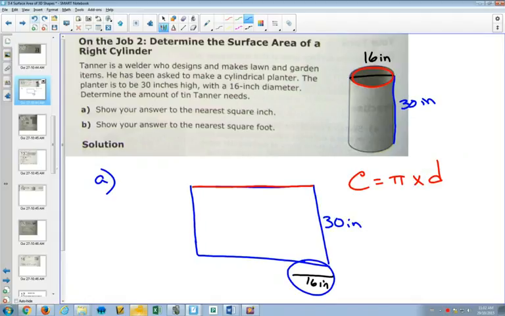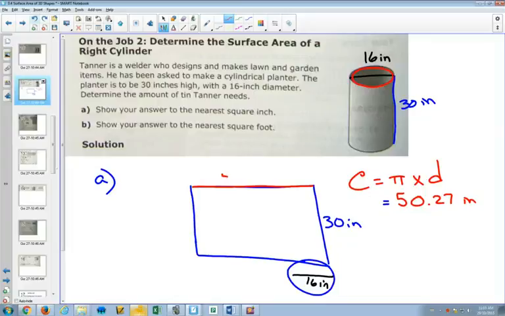So if we figure out the circumference of our circle by going pi times diameter, I go to my calculator. Wouldn't you just do 30 times 16? So I do 3.14 times 16, and I get that red line is 50.27 inches long.